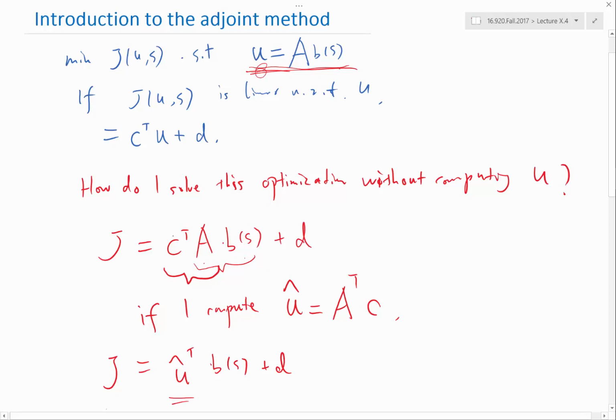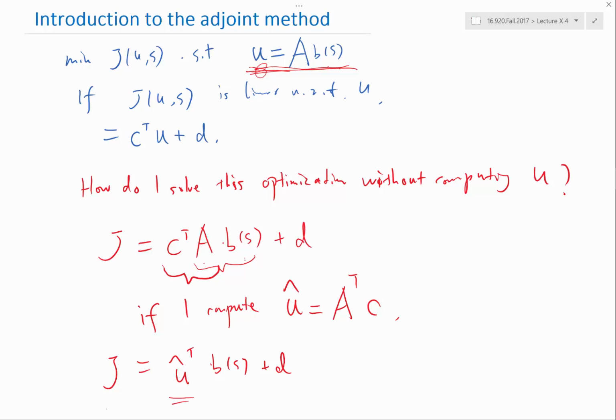And then we go backwards one more level to see, okay, now u depends on b. Now how does my objective function depend on b? So this c transpose A is the sensitivity of the objective function with respect to b. So from that, we go backward and we can get how the objective function depends on every single parameter.